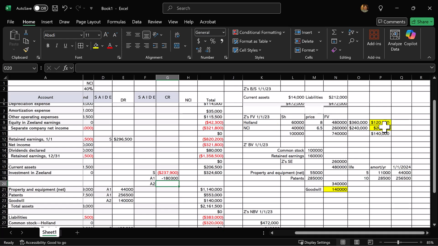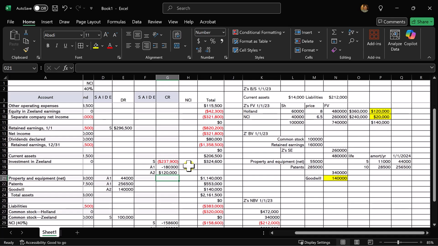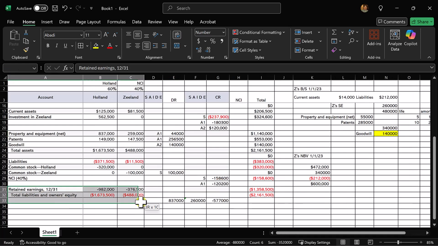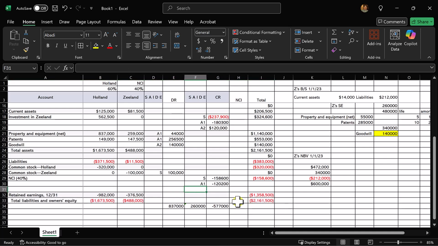Remember how we did this calculation on here because of the premium? So what goes here is the 120. That's Holland's share. And the other 20,000 will go to the non-controlling interest share. And I need another line here. A2.